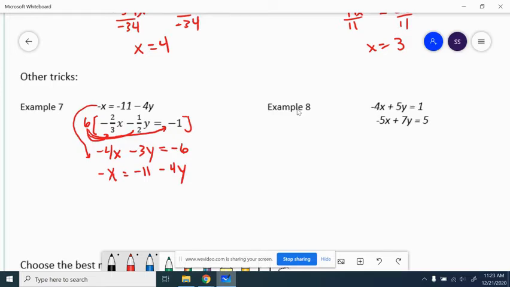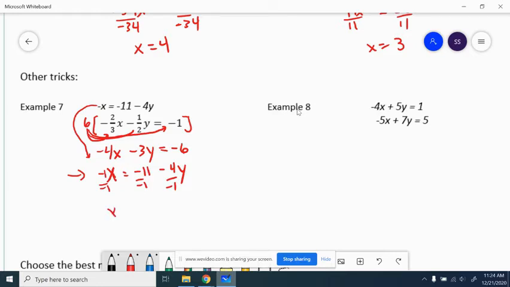Now, it doesn't matter what we do here. I think I'm going to go ahead and solve this one by substitution. So I've got this bottom equation equal to negative 1x. All I need to do here is quickly divide everything by negative 1, which is just going to change the sign.